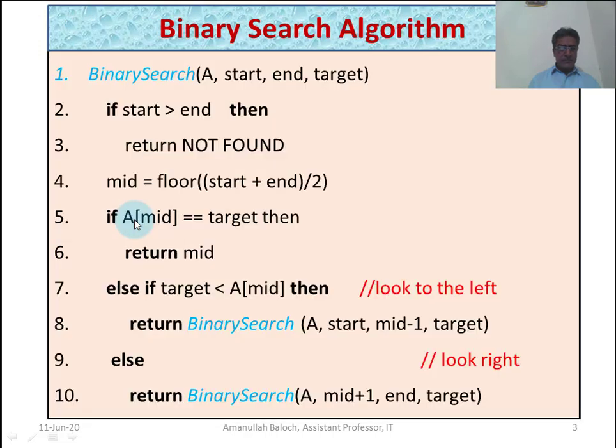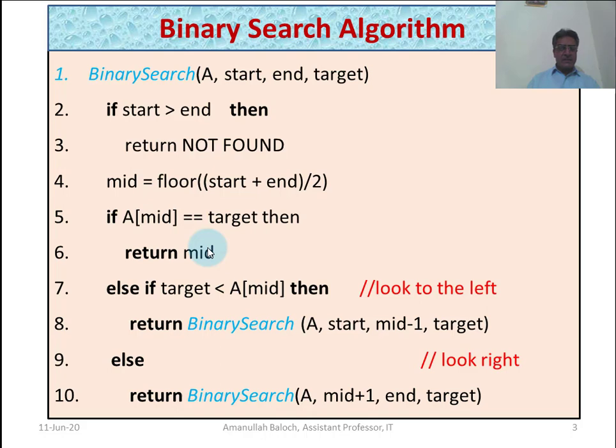Here, if A of mid is equal to target, then return mid. Actually, this algorithm does not return the value, it returns the index of that value where the target exists.